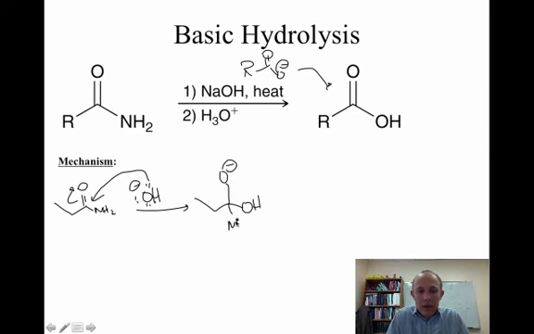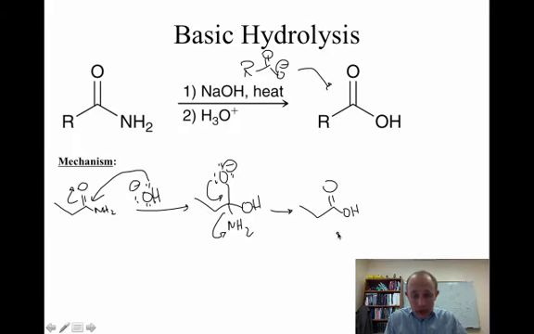And now, reformation of the carbon-oxygen double bond and kicking out of the NH2 minus ion, while unfavorable, is driven towards product, because even though you're generating this high energy intermediate, the product is rapidly deprotonated by more hydroxide that's present in solution in an irreversible acid-base reaction.